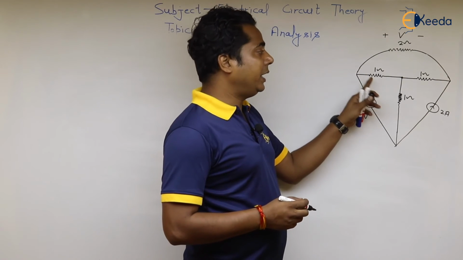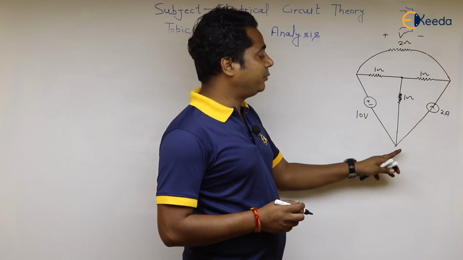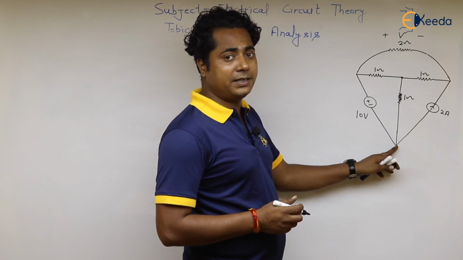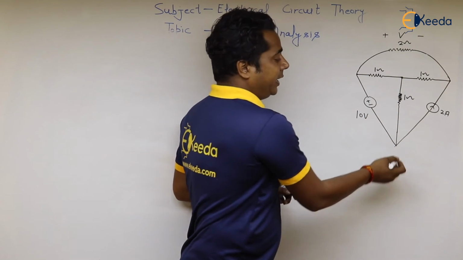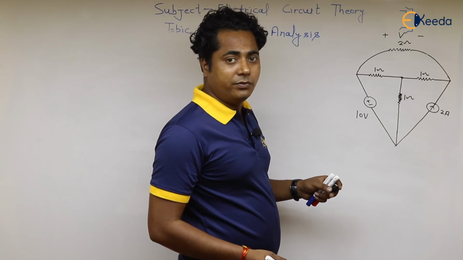First of all, if we are doing nodal analysis, then we have to take care of the principal nodes. There are 4 principal nodes present in this circuit, 1, 2, 3 and 4, of which one principal node we have to take as the reference voltage.